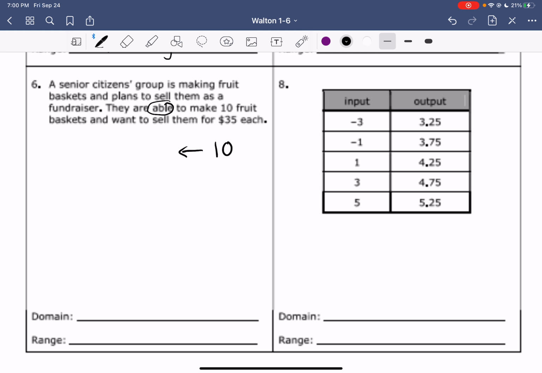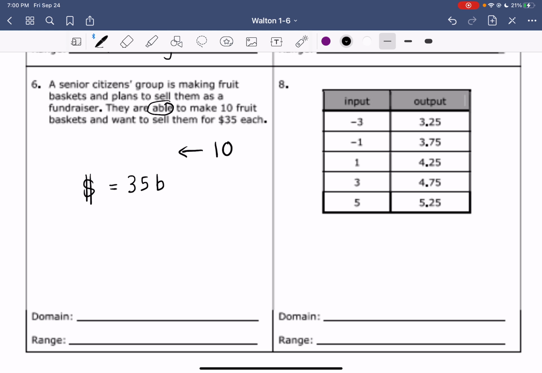So if I said that the amount of money raised, so money, maybe I'll use a money sign, is equal to the $35 times the number of baskets.